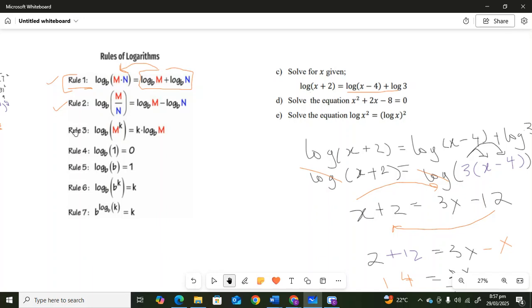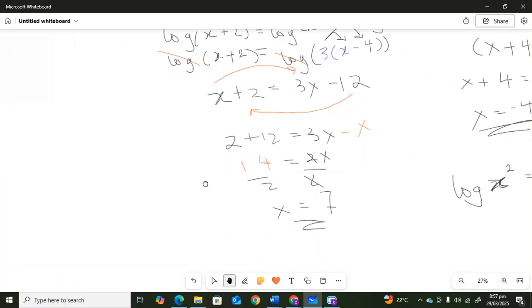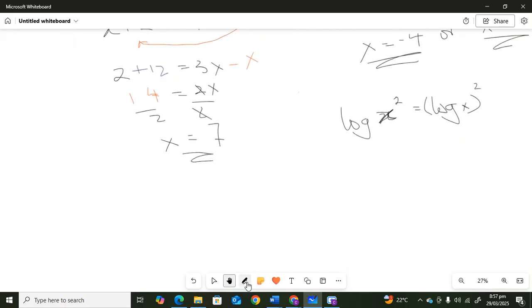As you can see here, this is rule number 3: when you have a power, just bring it in front of the logarithm. Whenever you have a power, just bring it in front of the logarithm.